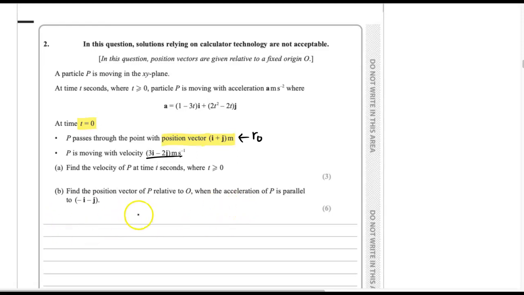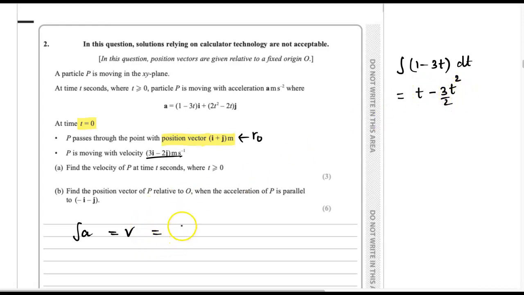Okay, so for that velocity at t seconds, we are going to be integrating a to find out v, right? Let's quickly do the integration. 1 minus 3t, though you all would be knowing this very well. If we integrate this, we're going to be getting t minus 3t squared over 2, right?